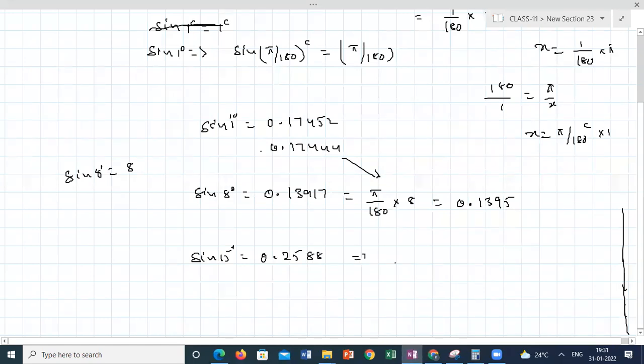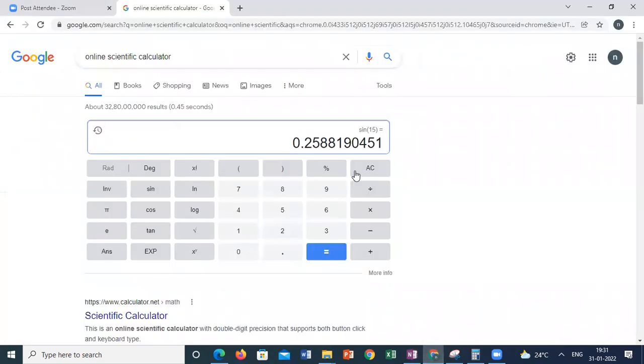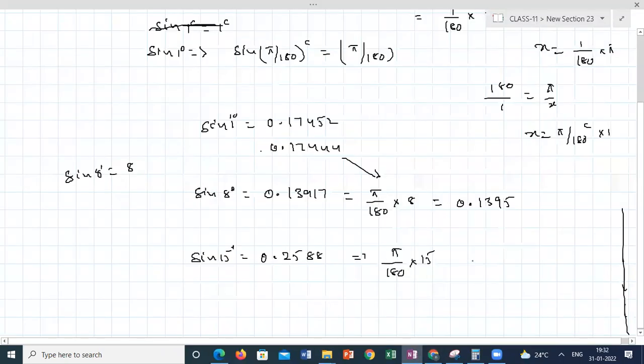But if I take pi by 180 of 15 degrees, so 15 pi by 180, 15 into 3.14 divided by 180, I am getting 0.2616. If I round off to 2 decimals, it is 0.26.